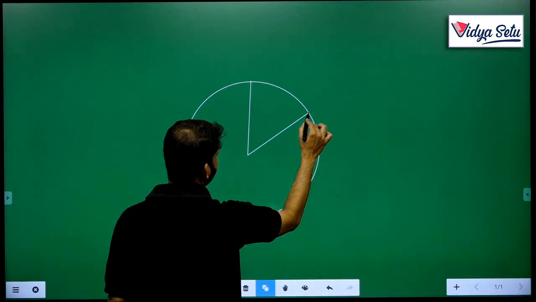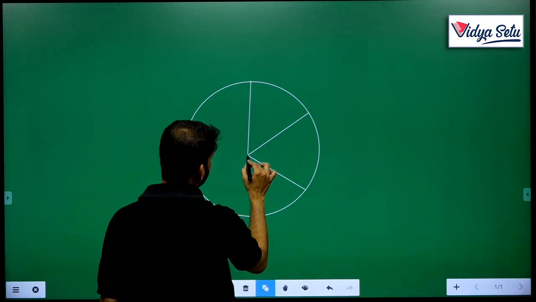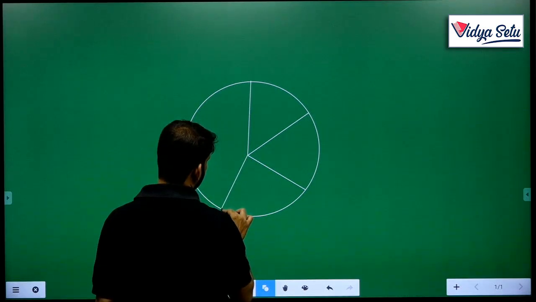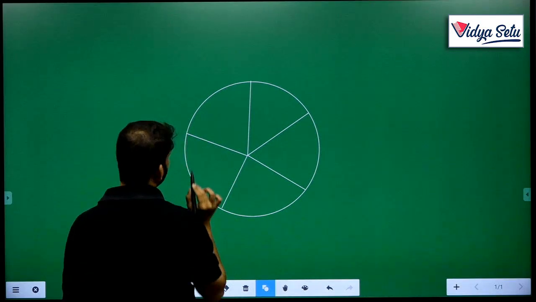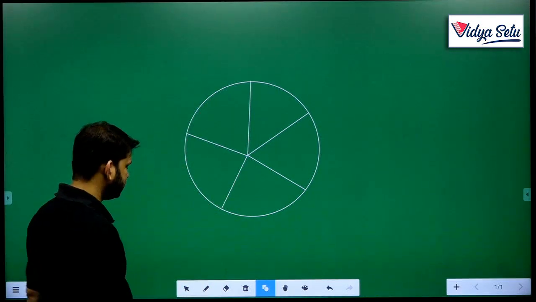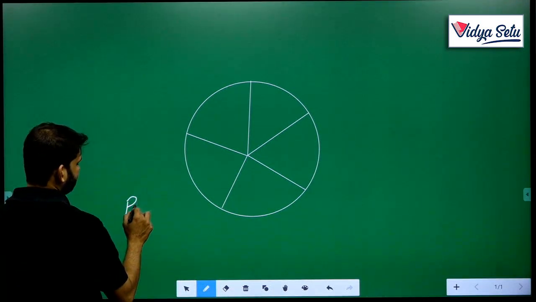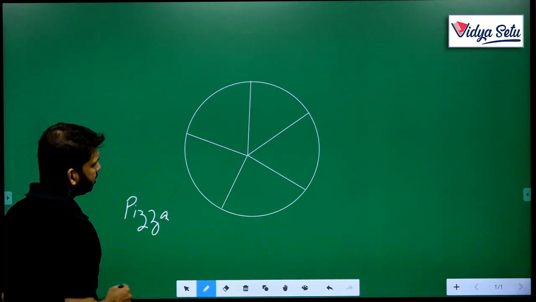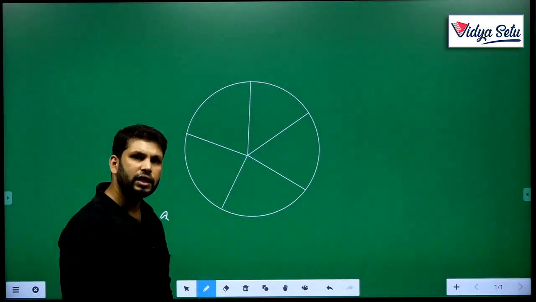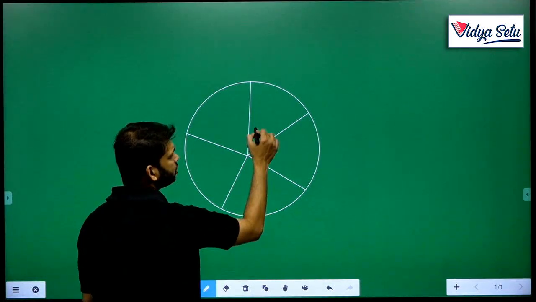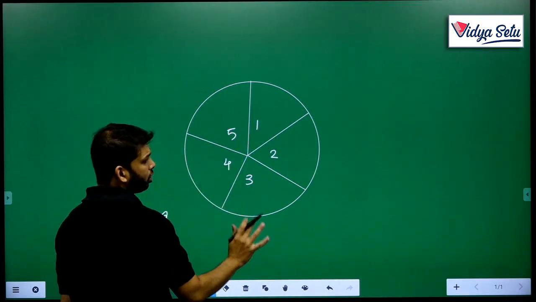One share, two share, three share, four share and five share. Assume that this is a pizza which has 5 equal slices. Now everyone, there are 5 friends, everyone will get how much? 1 slice, 2 slice, 3 slice, 4 slice and 5 slice, assuming all are equal.